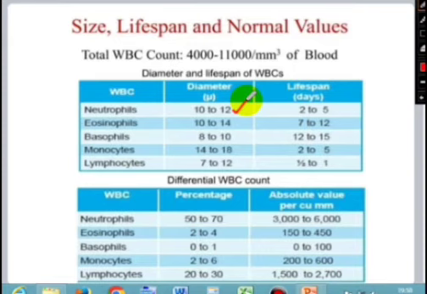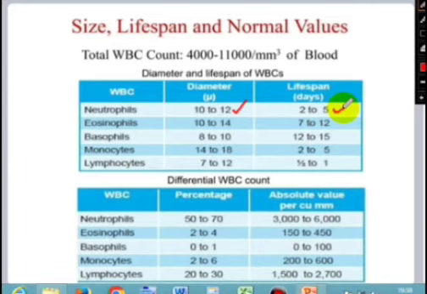So they have a diameter of 10 to 12 microns, and their lifespan is between 2 to 5 days. So whenever they are mobilized into the circulation, they can only exist for 2 to 5 days, minimum of 2 days and maximum of 5 days.